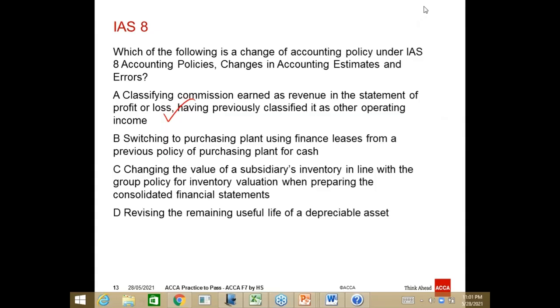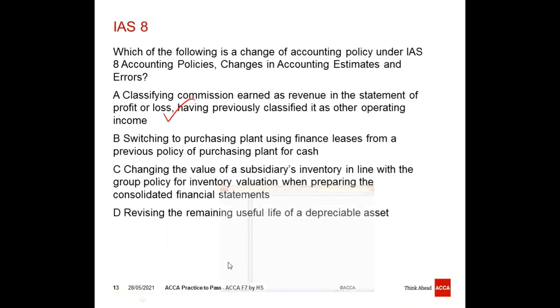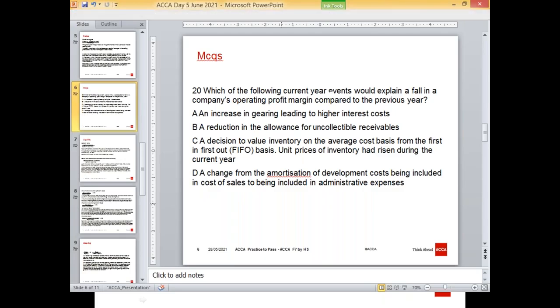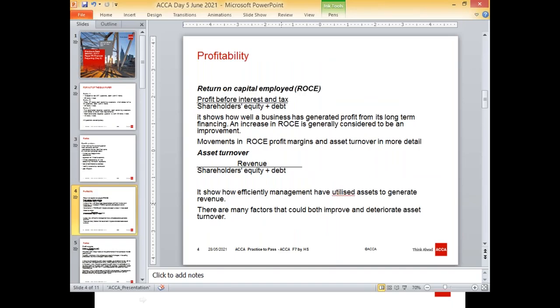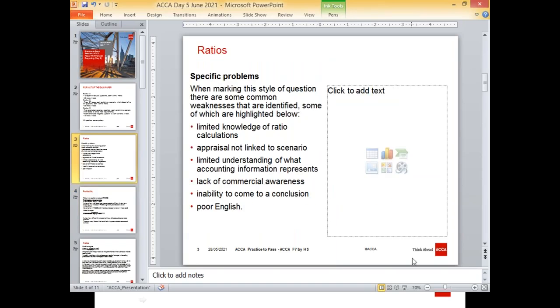Okay, wonderful. Now it's 11. We need to start the new area, that is ratios.